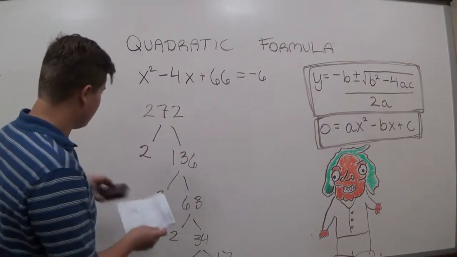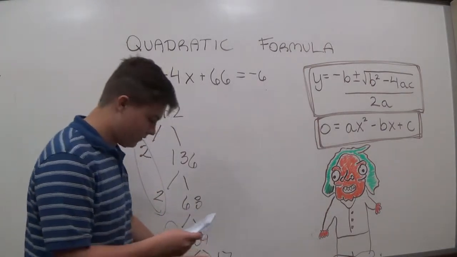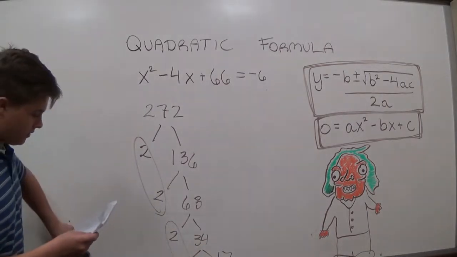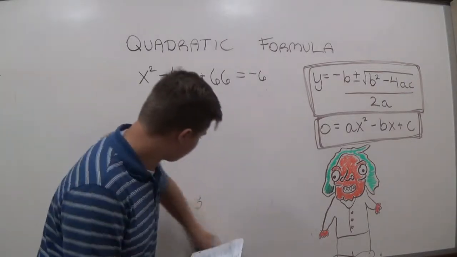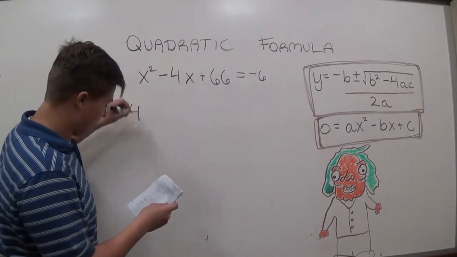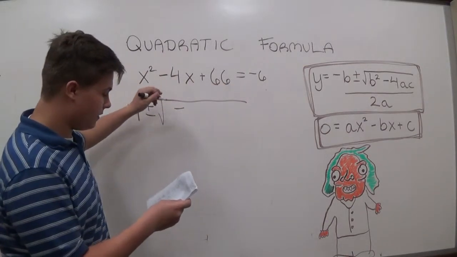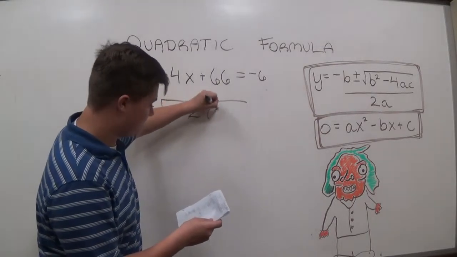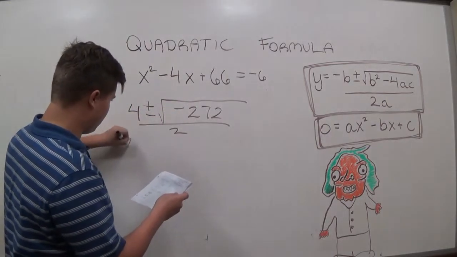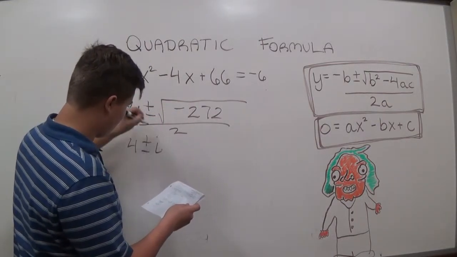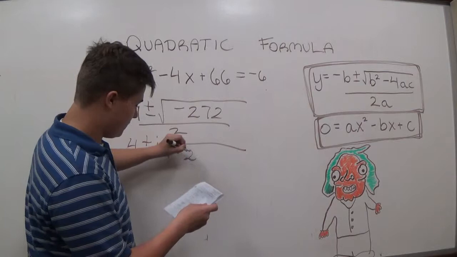Okay? So then we're going to want to go back. So we have 2 and 2, and we have 2 and 2. And we also have a 17, which we have to keep in mind. Okay, so we're going to go back to here. So when we have this 4 plus or minus the square root of negative 272 divided by 2, that turns into 4 plus or minus i times the square root of 272.